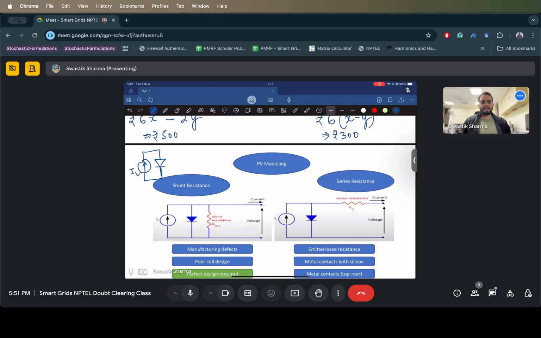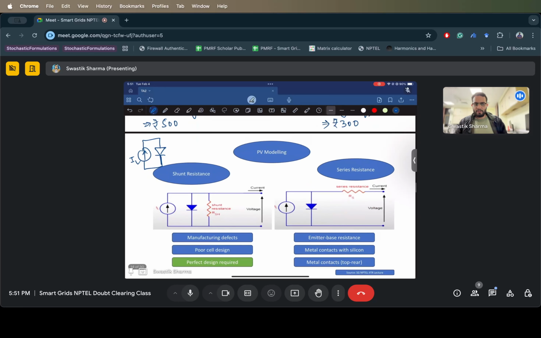Now, a PV cell has its own losses as well. There can be losses due to manufacturing defects or other things that are present in the PV cells, right? So we use two kinds of resistance to model these losses, because at the end of the day, resistances denote how much loss there is in your system, right?